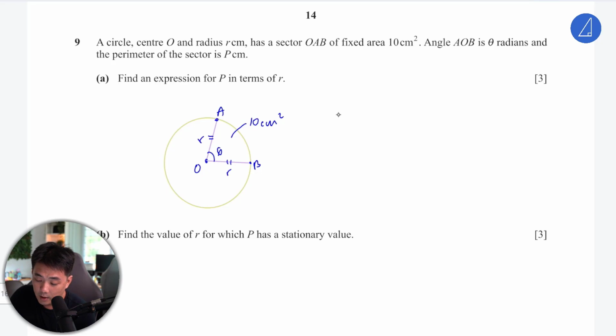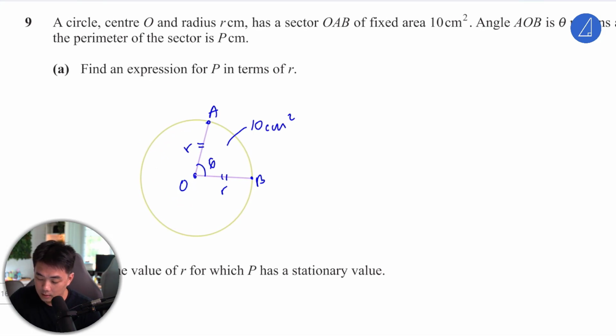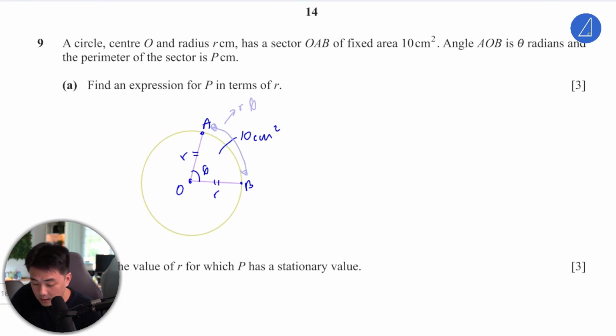So we know that the perimeter of the sector will be the arc length here, which is R theta. So perimeter is equal to R theta plus 2R. You add the two R's here and the R theta.